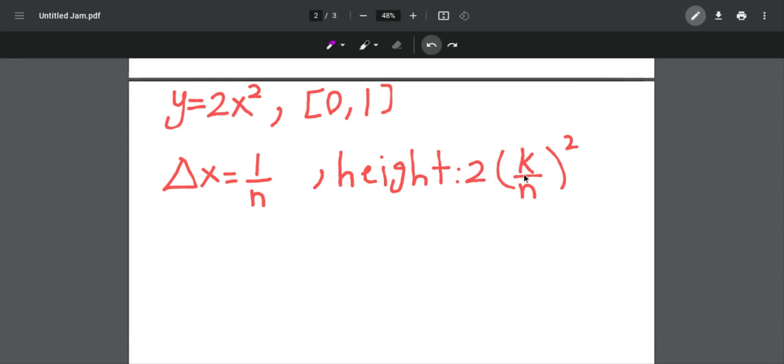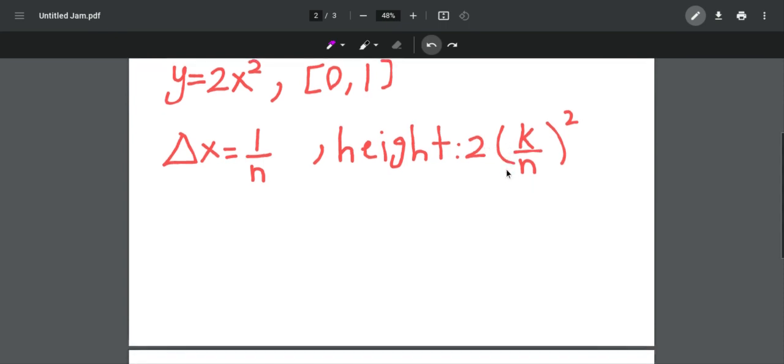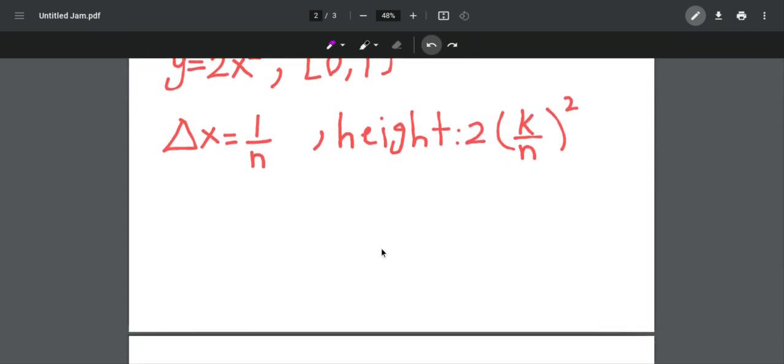2 times k, which is a value, times 1 over n, the delta x, and then squared because it's the second power. So our height is 2 times (k over n) squared. Now the next step is to simplify this.